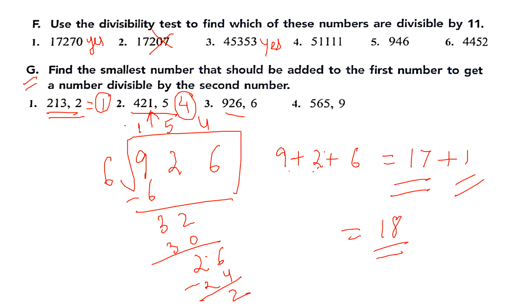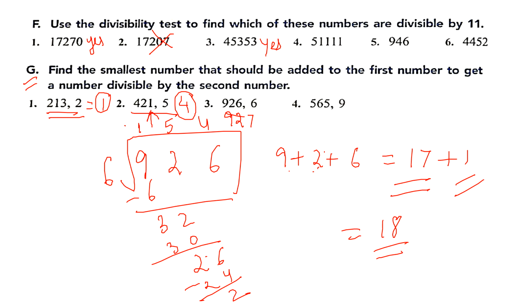Now 18 is divisible by 3. So you can think that you can add 1 here. But then it will become 927. 927 is an odd number which is not divisible by 2. As per the rule of 6, it has to be divisible by both 2 as well as 3.